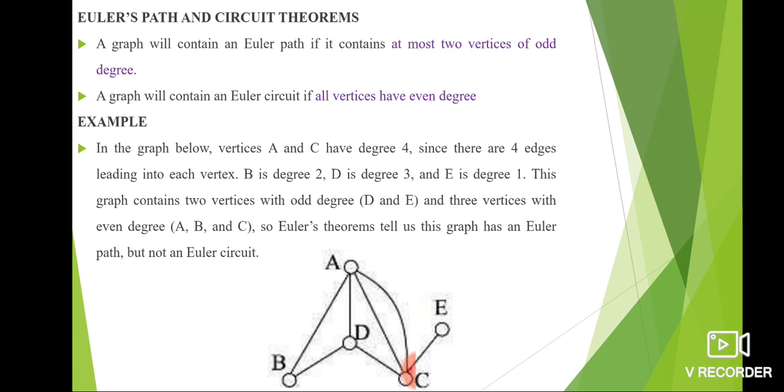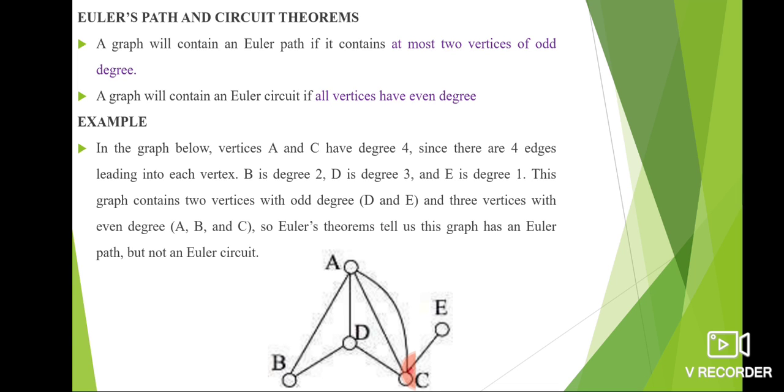So once again, I am repeating the condition. A graph will contain an Euler path if we have at most two vertices of odd degree. Similarly, a graph will contain Euler circuit if all the vertices have even degree.